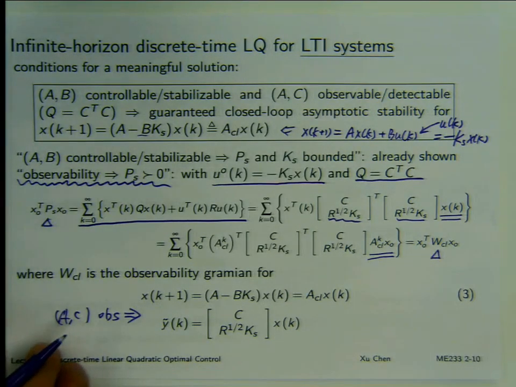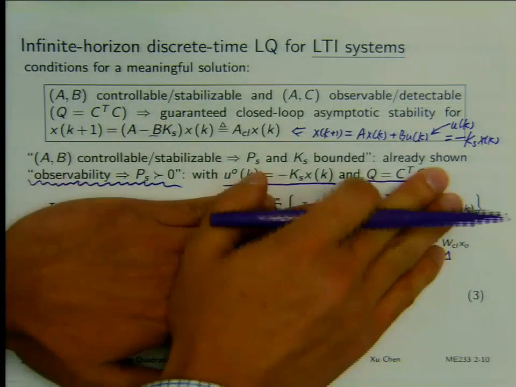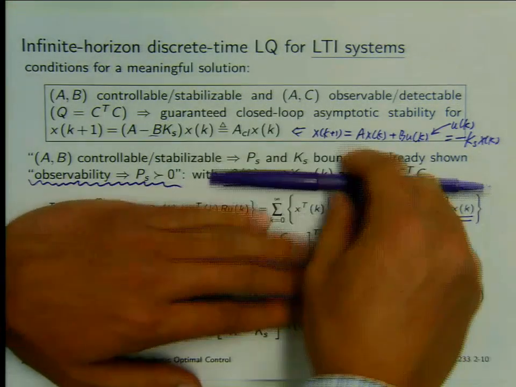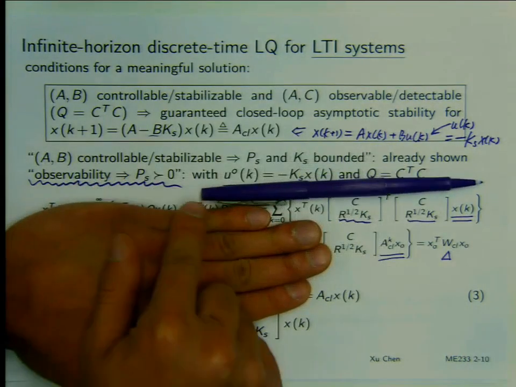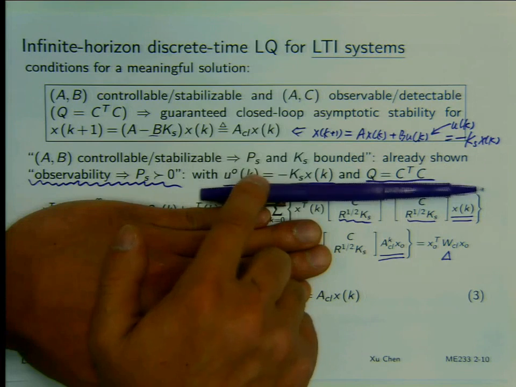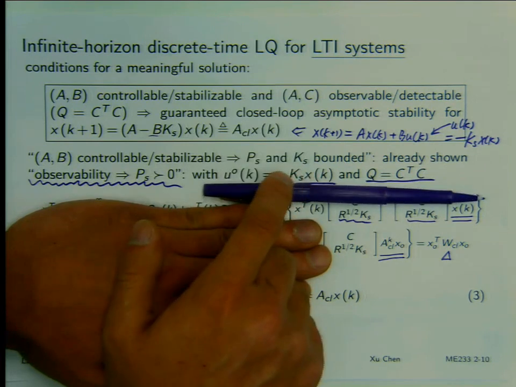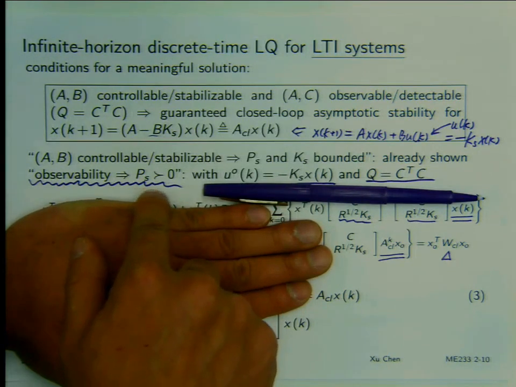Okay? So take a look at this again and try to have a quick memory of this. A, C controllable or stabilizable means the Riccati equation is going to converge to a bounded steady state. And then if we have additionally the observability condition, then this one will be positive definite.